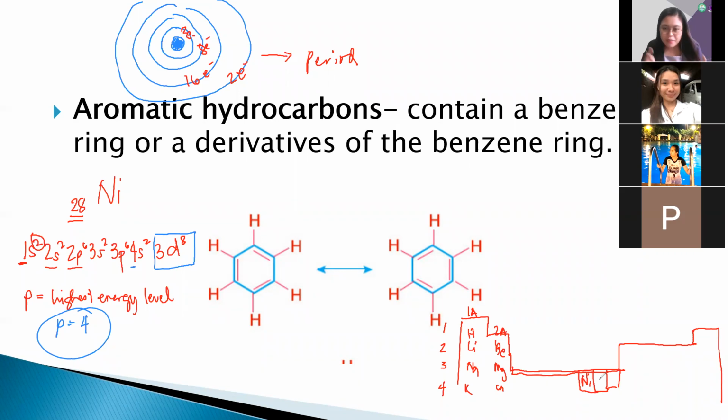It is in the same period as potassium and calcium, and it is in the middle, third to the last of this part, the transition metals. That's how you check the principal quantum number. It is in period number 4, so the answer is really 4, not 3.